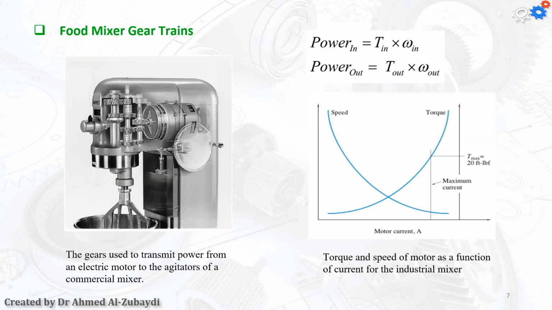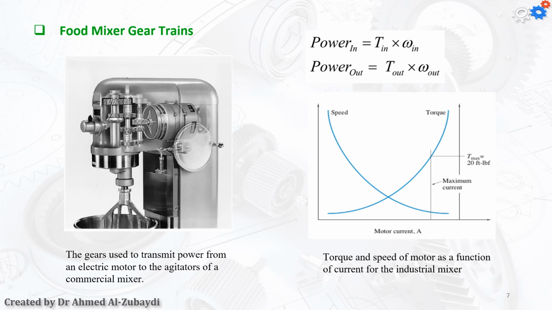A practical example of a gearing system is the gearing system that's used in the industrial mixers. The gearing system in the industrial mixers plays a critical role in optimizing the motor performance to meet the specific mixing requirements.